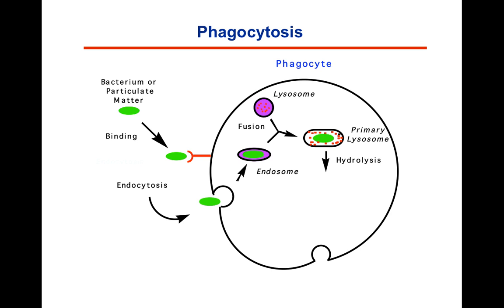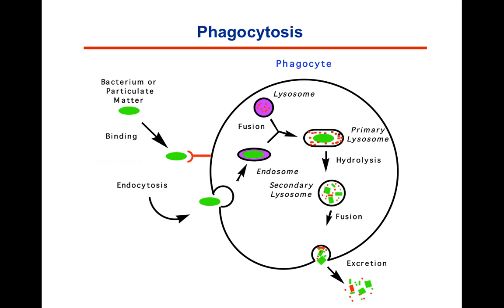There's a fusion process that forms the primary lysosome, and hydrolysis occurs, destroying the bacteria into various pieces as it's being dissolved. This is referred to as the secondary lysosome. Then that fuses to the membrane, and the contents are excreted out of the phagocyte.